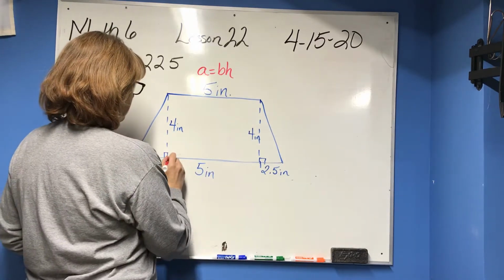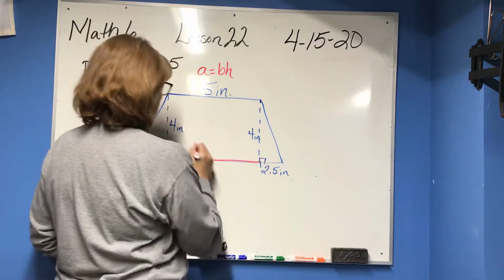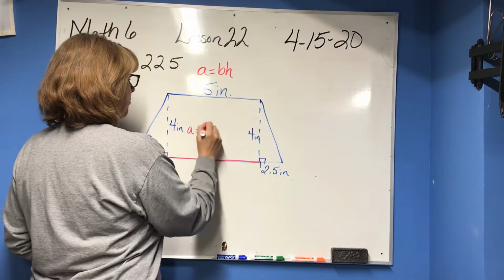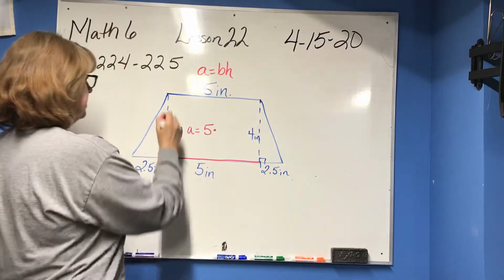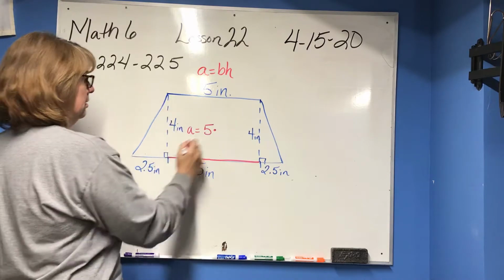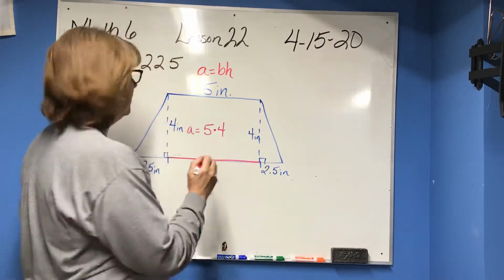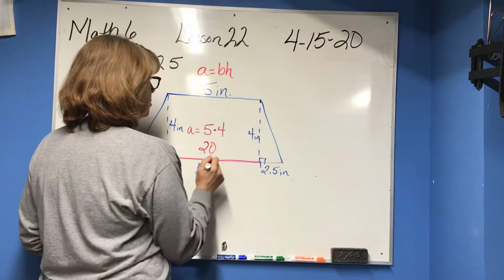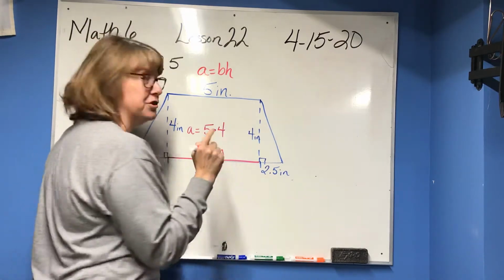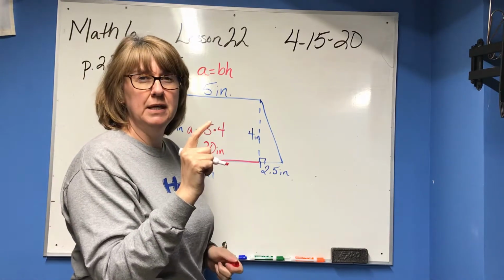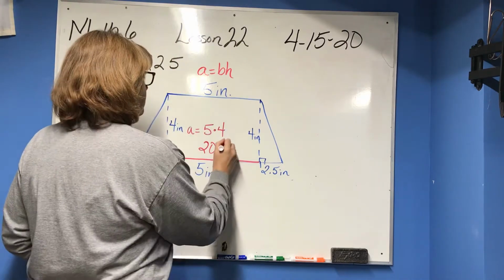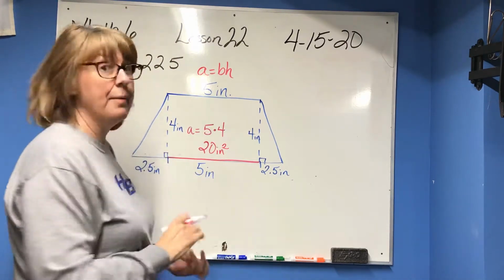So what's my base? Area equals 5 times, what's my height? 4. What's 5 times 4? 20. So this is 20 inches. Do you remember? Inches to the second power, right? Because this is two-dimensional.